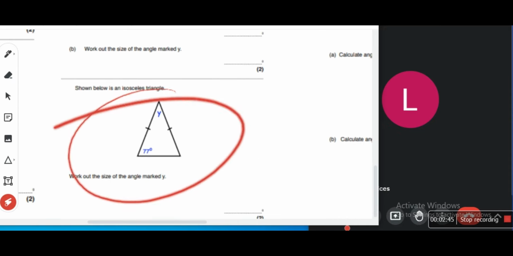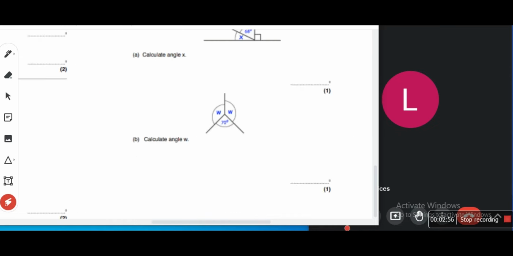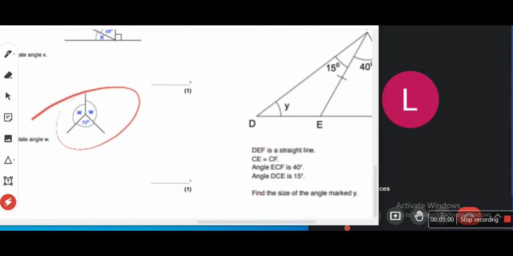This one, we have to find y, and it's an isosceles triangle, meaning the base angles are equal. Okay, this one will sum up to 360 degrees, w plus 70.